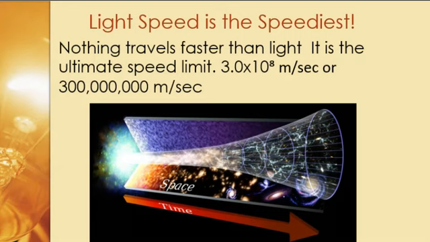Nothing travels faster than light. It's the ultimate speed limit. So let's write that down. 3.0 times 10 to the 8 meters per second. 300 million, is that right? 300 million meters per second. 186,000 miles per second. Nothing goes faster.